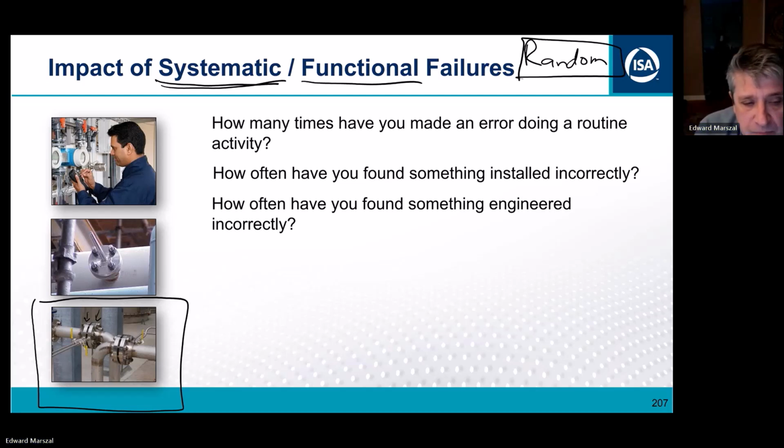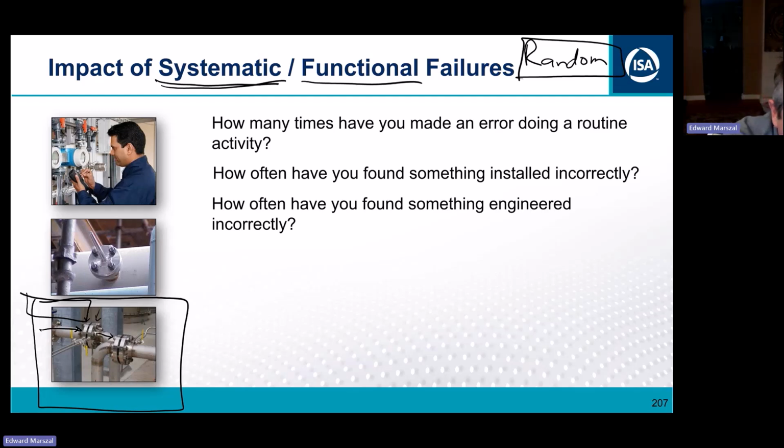Now, if you didn't notice what's wrong with this picture down at the bottom, in order for those correlations that convert a differential pressure into a flow rate to be true, there has to be a certain amount of straight run piping upstream of the orifice and downstream of the orifice.